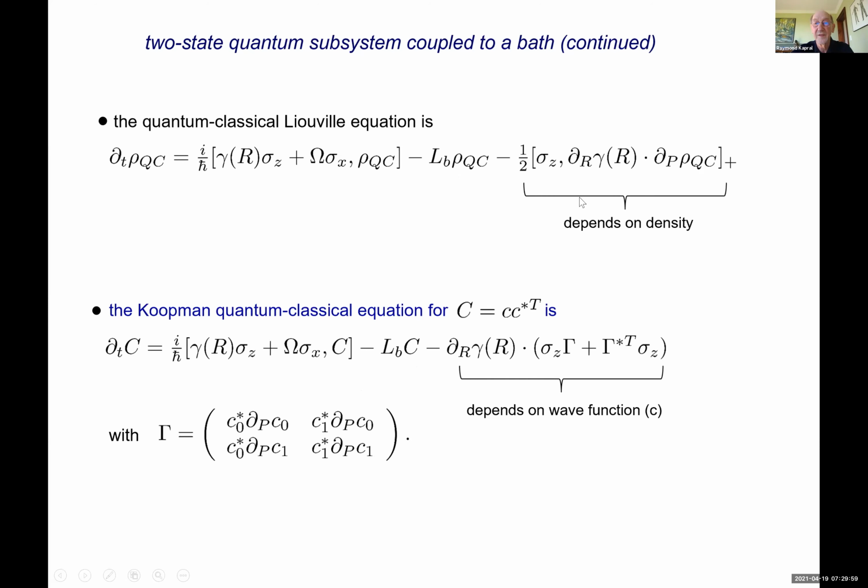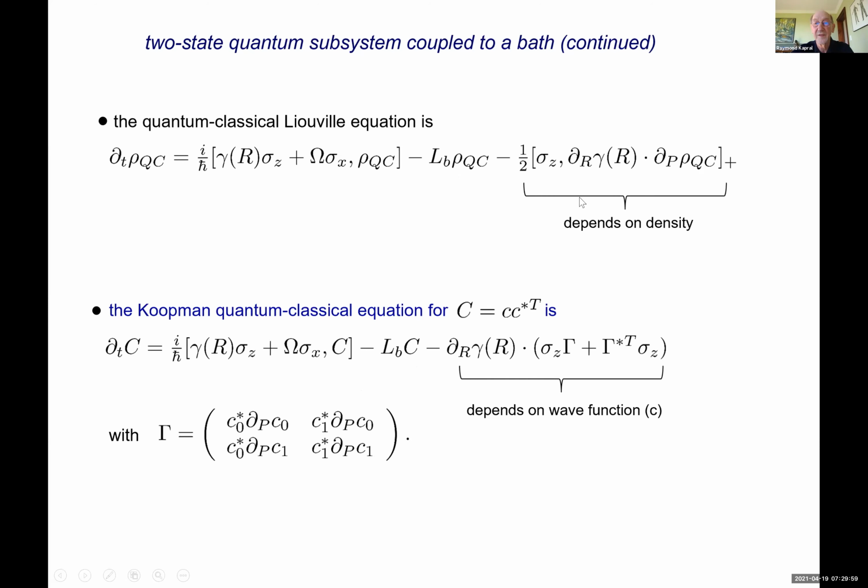The main difference you see is that this symmetric sum involves the momentum derivative of the density matrix, whereas the corresponding term in the Koopman equation involves these expressions gamma, which involve momentum derivatives of the coefficients in the expansion of the wave function.